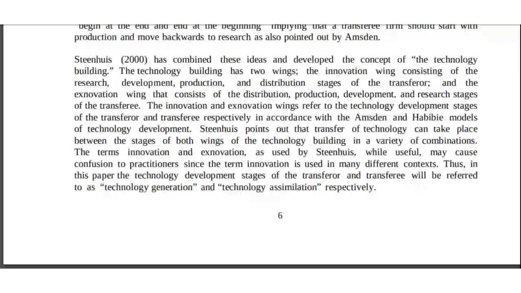So the innovation and exnovation wings refer to the technology development stages of the transferer and the transferee, respectively, in accordance with the Amsden and Habibi models of technology development. Steenhuis points out that transfer of technology can take place between the stages of both wings of the technology building in a variety of combinations.